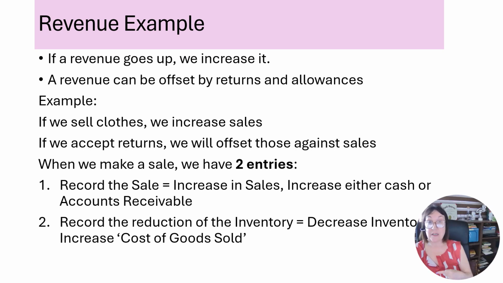But when we decrease the inventory, we only decrease it by the $25 because that's what it originally cost us. The difference between those two is our profit margin, right? So we're going to decrease the inventory and we're going to increase this very strange account. That's kind of a holding account. It's called cost of goods sold. So we decrease inventory by $25 and we increase cost of goods sold by $25.